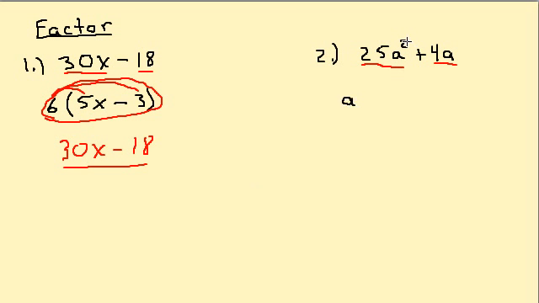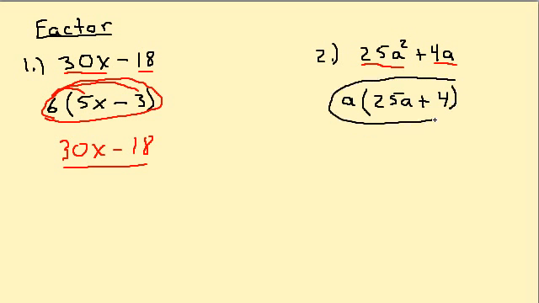So if I take an a out of 25a squared, I'm left with 25a. And if I take an a out of this 4a, then I'm left with a 4. And here's my final answer. And once again, you can check it by distributing the a. A times 25a gives me 25a squared, and a times 4 is plus 4a.